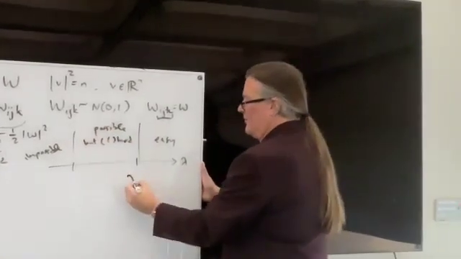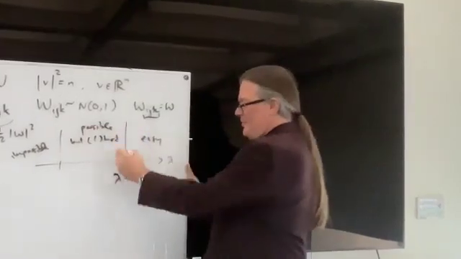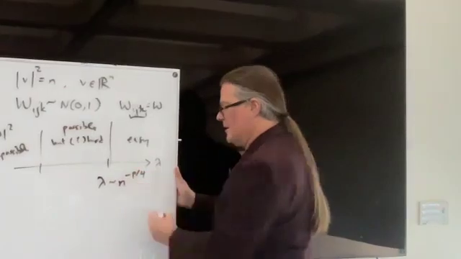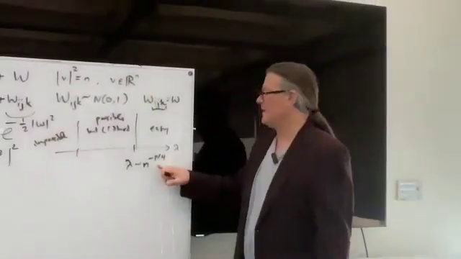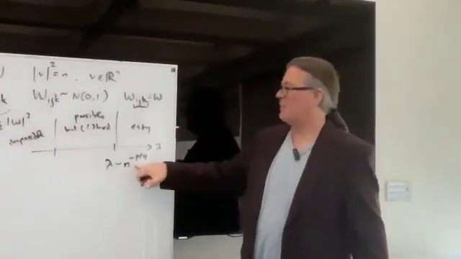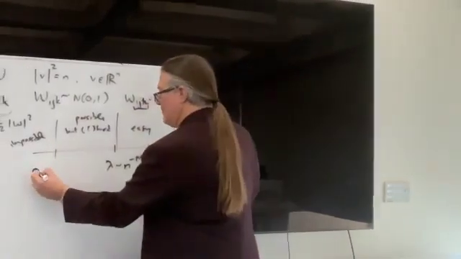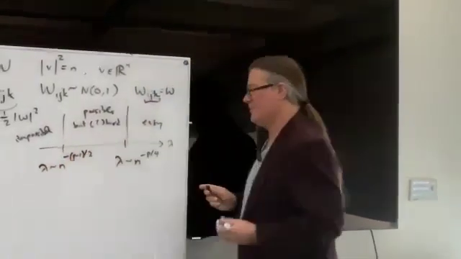This isn't a super sharp thing, but I'll just write it down. If p is the number of legs of the tensor, the number of indices, then this happens to be at n to the minus p over 4 in this normalization. And this happens to be at n to the minus p minus 1 over 2.